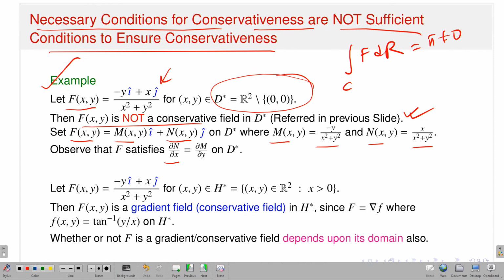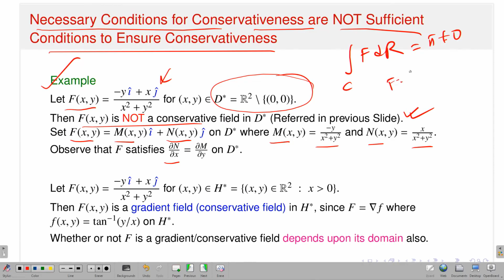So, because what are the components? Capital F has two components, capital M and capital N, right. You can write it as F1, F2. Okay. So, therefore, if I perform the partial derivative of F1 with respect to the x2 variable, that means the partial derivative of capital M with respect to the y variable, right, you just relate it.